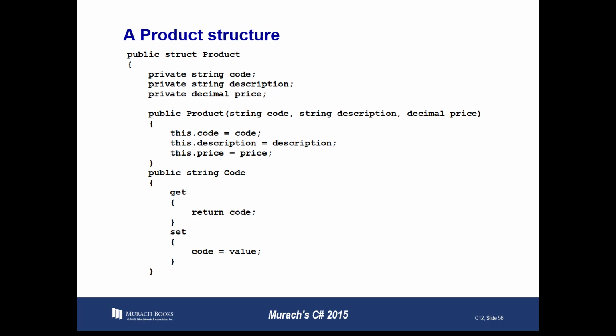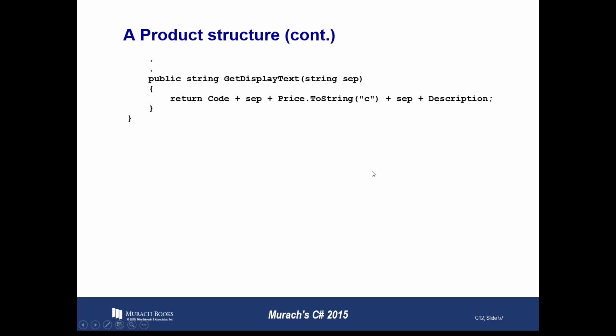So a structure can contain the same types of members as a class, meaning it can contain fields, properties, methods, constructors, etc. It can't include an empty constructor because the compiler always generates one. It can contain constructors that hold parameters if you wanted to do so.